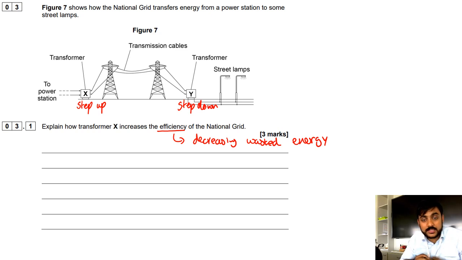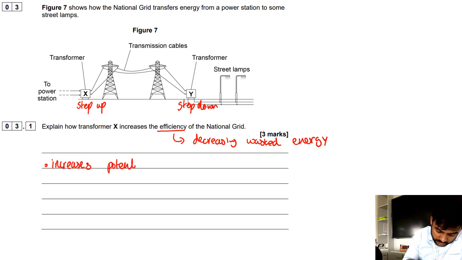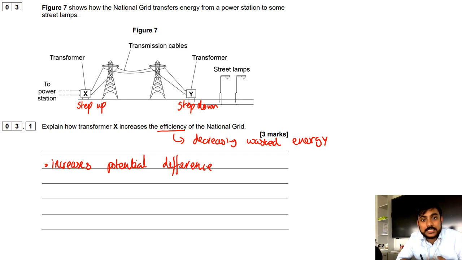The first thing that the transformer X does is increases potential difference, because that is the job of the step-up transformer. More potential difference in the cables means less current. So what it does is decreases current.